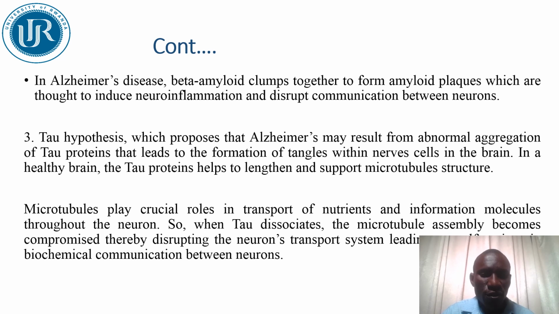Microtubules play crucial roles in transport of nutrients and information molecules throughout the neuron. So, when tau dissociates, the microtubule assembly becomes compromised, thereby disrupting the neuron's transport system, leading to symptoms of Alzheimer's. This can even cause disruption in biochemical communication between neurons.